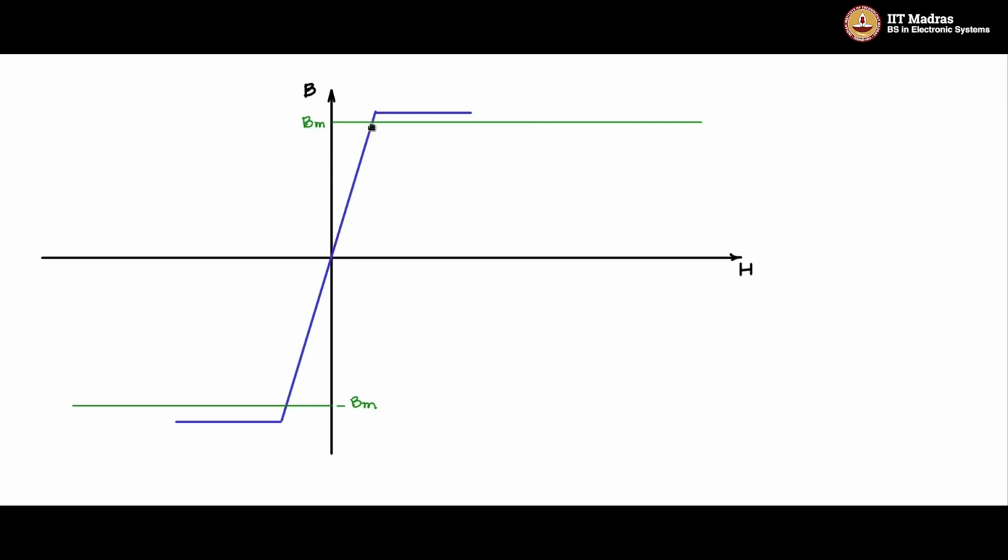So if you take the intercept here, the field will be N I1 by Lm. This is the H field at this point. So when a current I1 is flowing, then we know that the energy stored in the inductor EL1 is proportional to IL1.